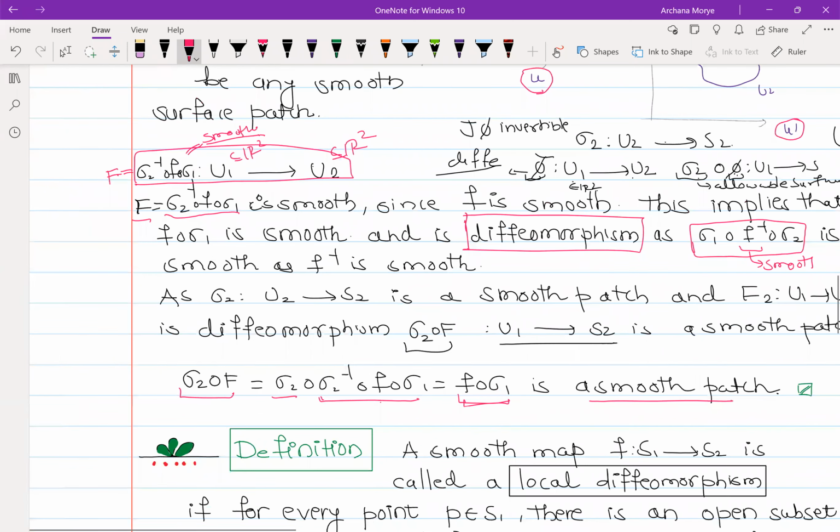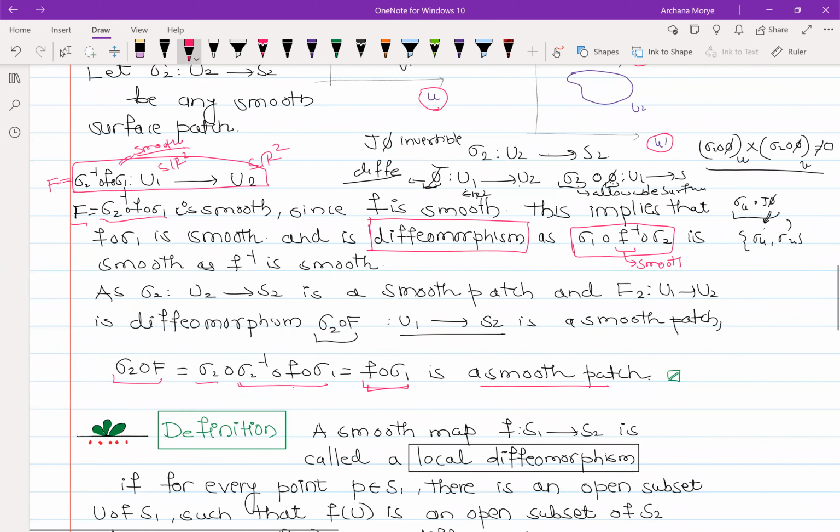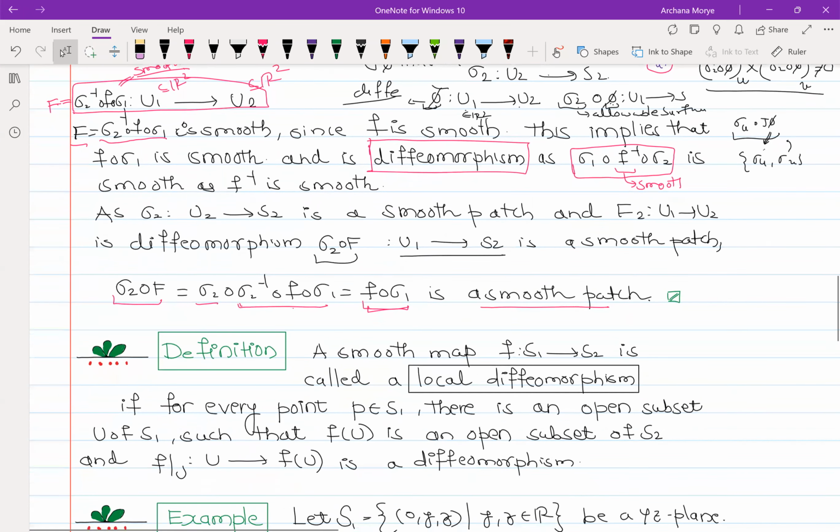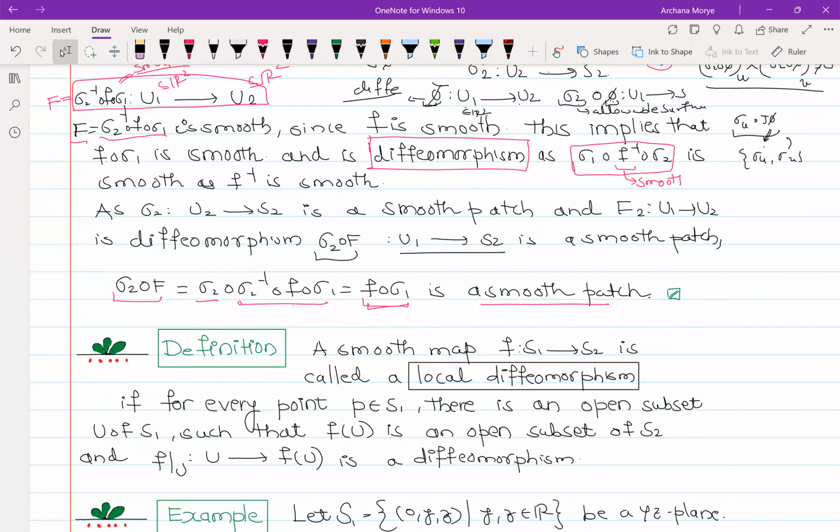Okay, so whenever you have a diffeomorphism, we can transfer our surface smooth patches from one surface to another surface, which is a good thing to have. But many times our functions are not a diffeomorphism. That is a very strong condition. But remember that differentiability and continuity are all local properties.